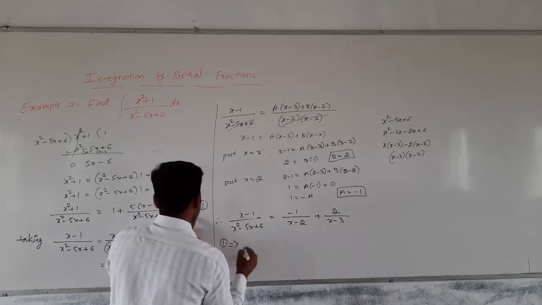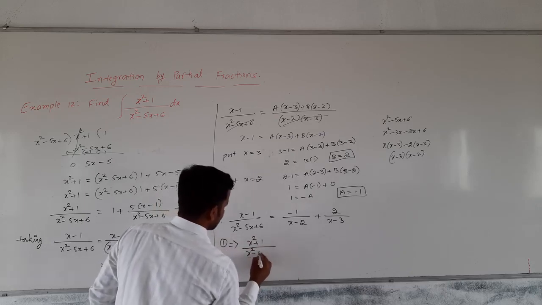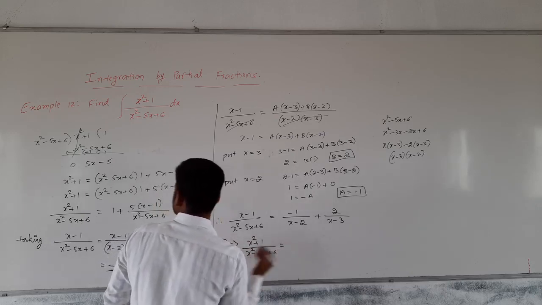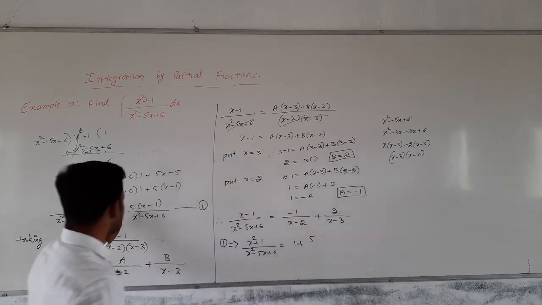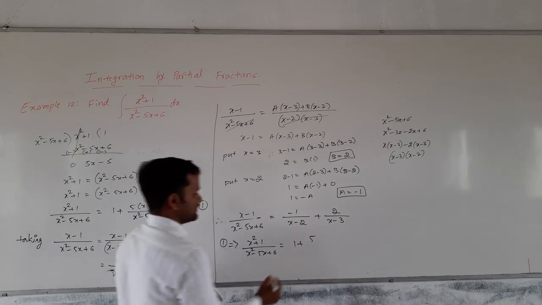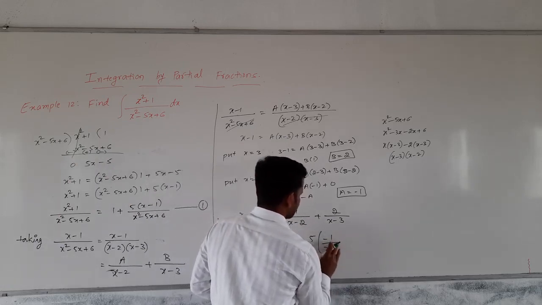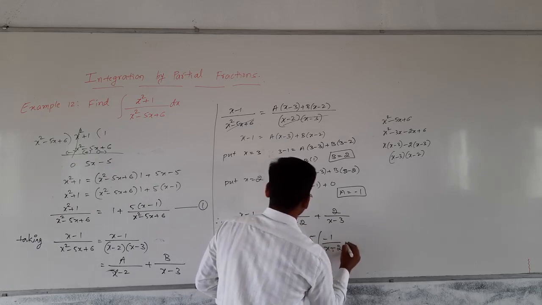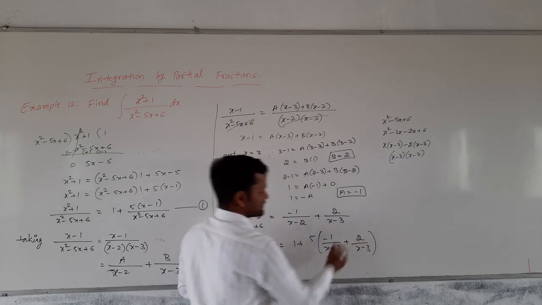Equation 1 implies x square plus 1 by x square minus 5x plus 6 is equal to 1 plus 5 into minus 1 by x minus 2 plus 2 by x minus 3.